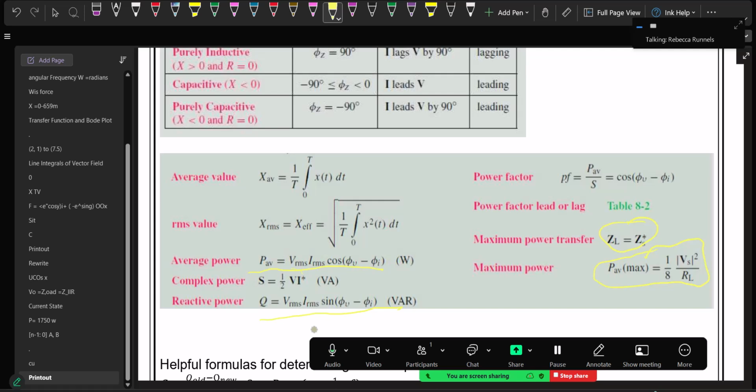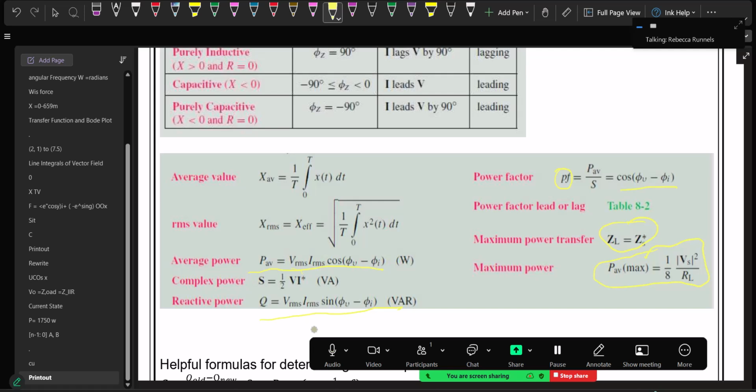And the power factor is the cosine of the angle difference, P average over S. I've shown y'all this before, but it may make more sense now that y'all have worked more with power.